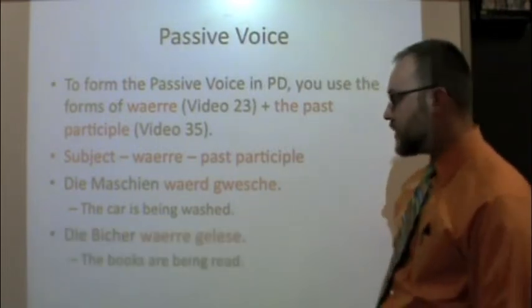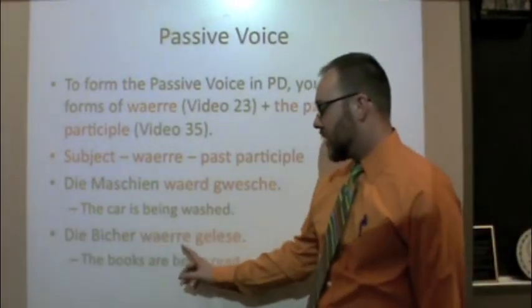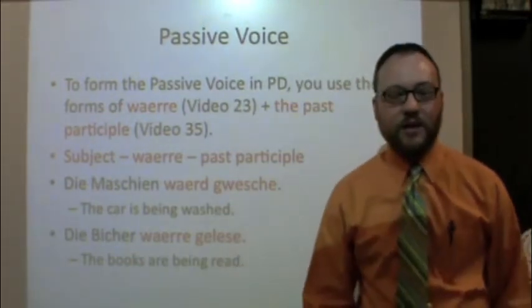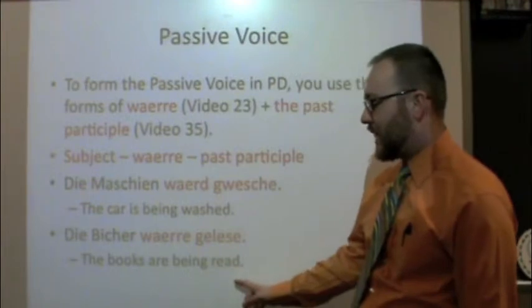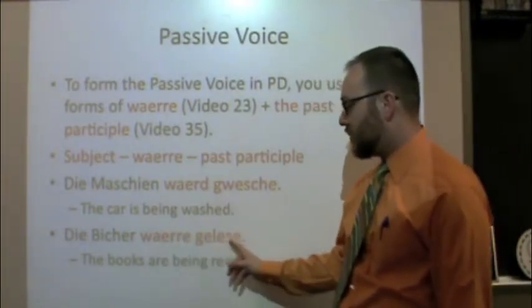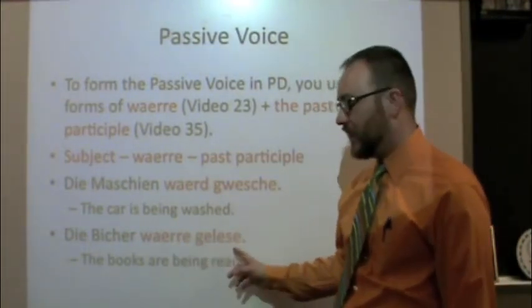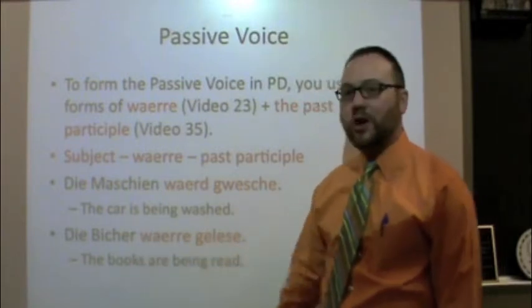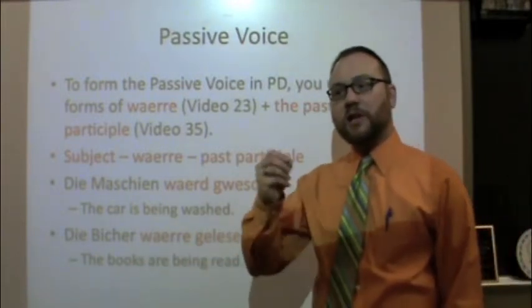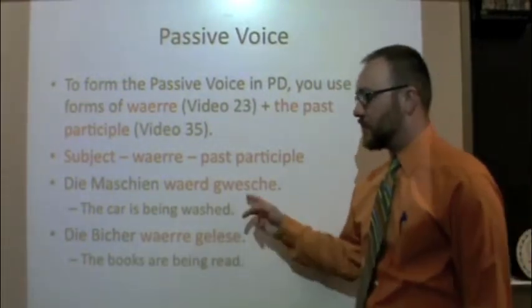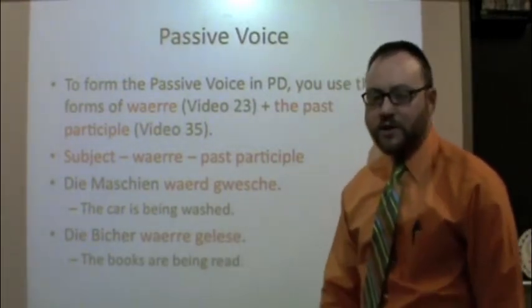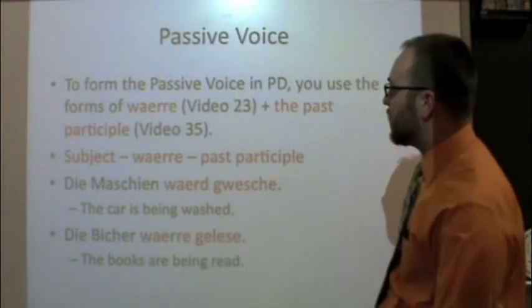Another example: die Bücher wäre gelesen. The books are being read. Again, a form of wäre and the past participle of lese, to read, gelesen. The books aren't doing the reading. The reading is being done to the books, even though they're the subject. So there's two examples of how we use the passive voice in Pennsylvania Dutch.